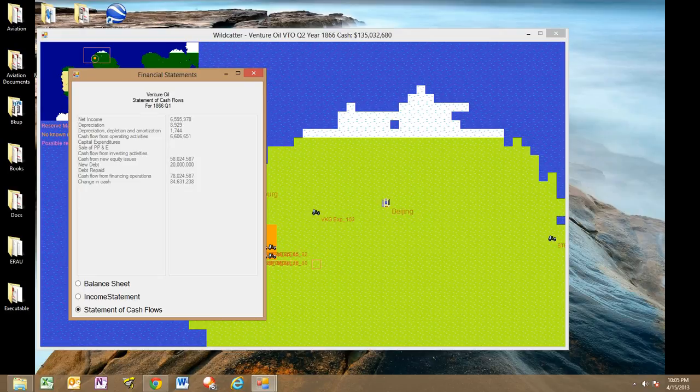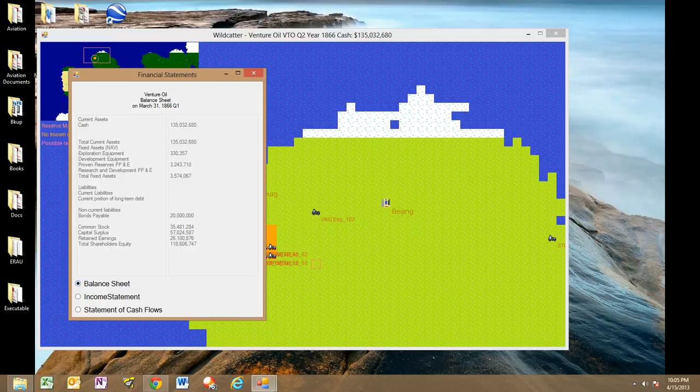All those changed our cash, representing a cash inflow. Also on the balance sheet now we have the long-term liabilities of 20 million. Once the maturity date approaches, once it gets within 1 year, those liabilities move up into the current liabilities section of the balance sheet. That's all done automatically by the simulation.